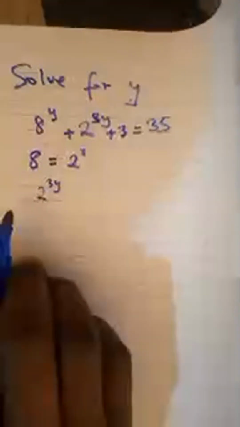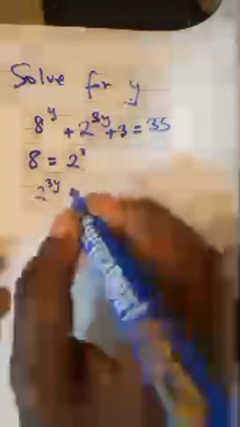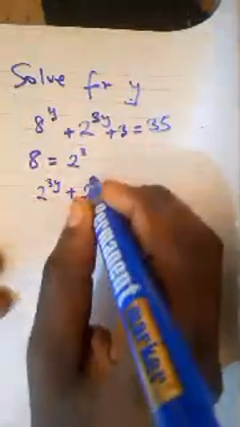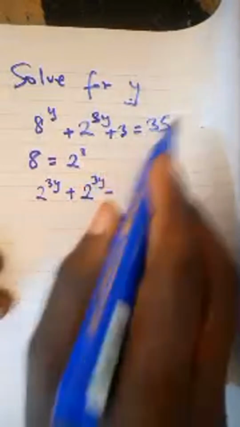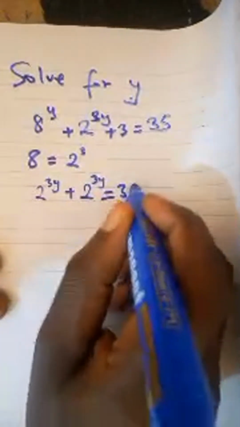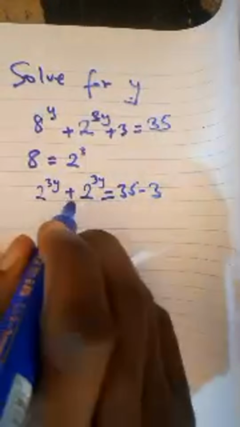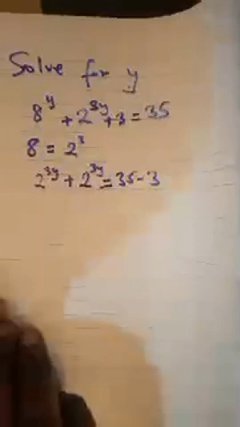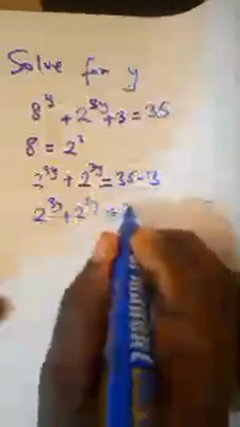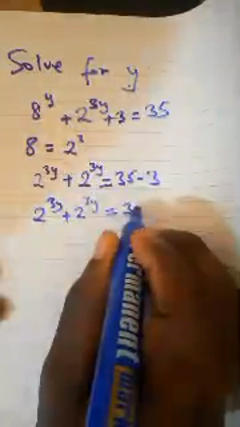Remember, this was plus 3. Now I have 2 power 3y again. So this positive 3, I can take it to the other side. So 35 minus 3. Of course, I'll have 2 power 3y plus 2 power 3y is equals to 32.